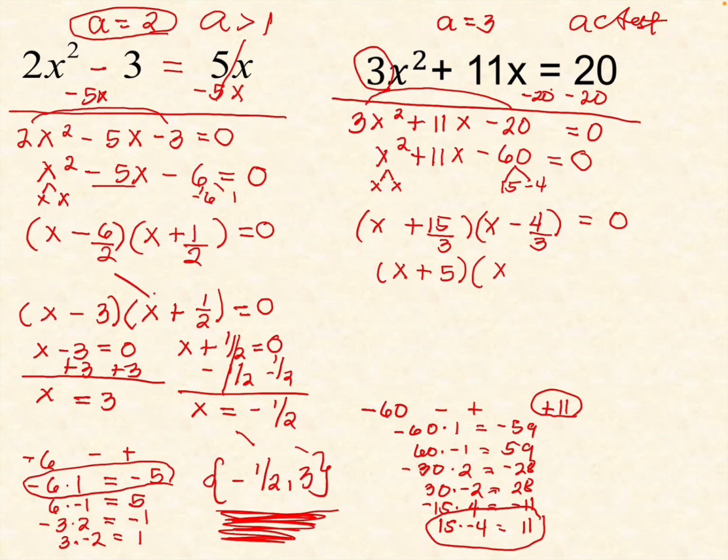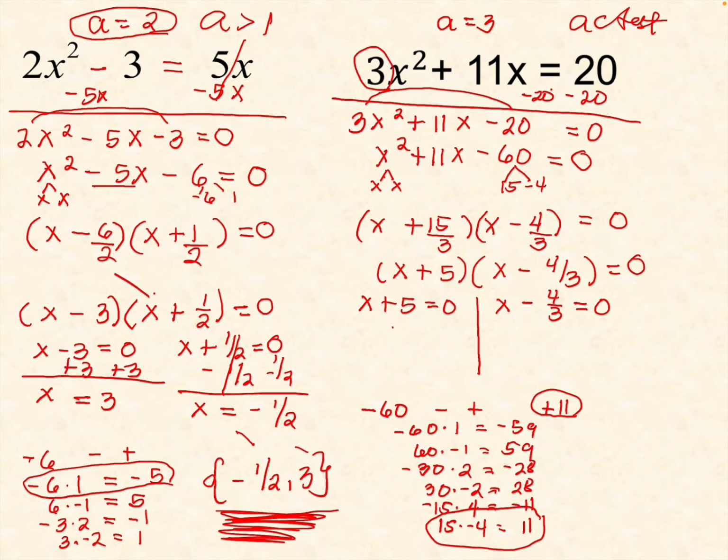And then you have x minus 4 over 3, because we cannot divide it exactly, is equal to 0. And then doing the same thing, x plus 5 is equal to 0. And then x minus 4 over 3 is equal to 0.